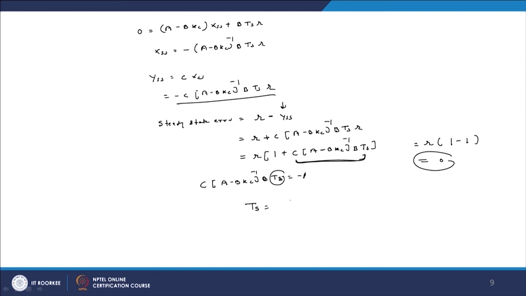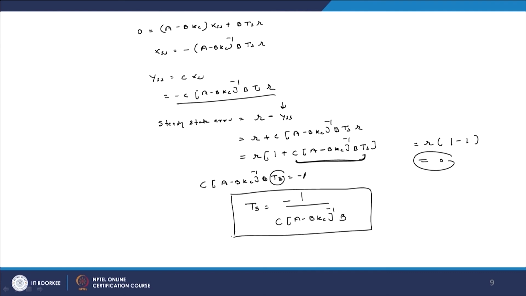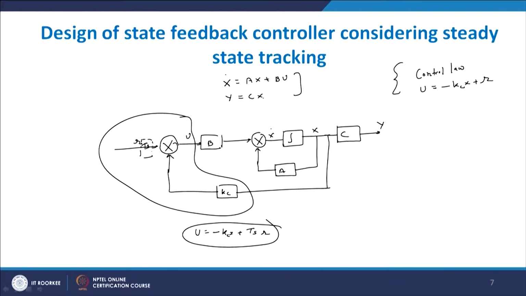So the result is minus 1 divided by C (A minus B Kc) inverse into B. This is the compensating factor for steady state error, that is the Ts. So this Ts we have to arrange here, and if we make the arrangement of Ts, we will find that the error will be 0.